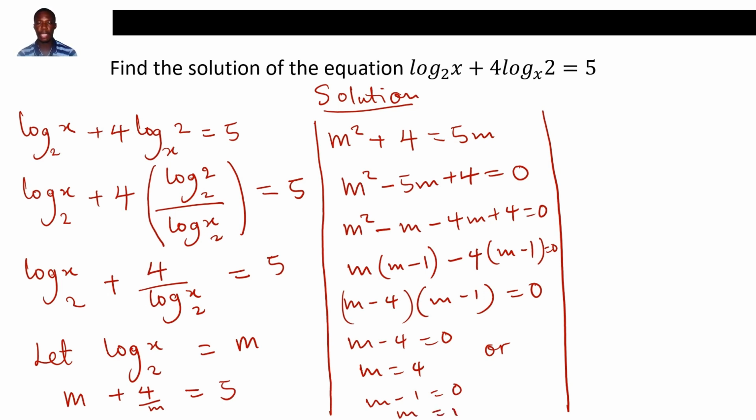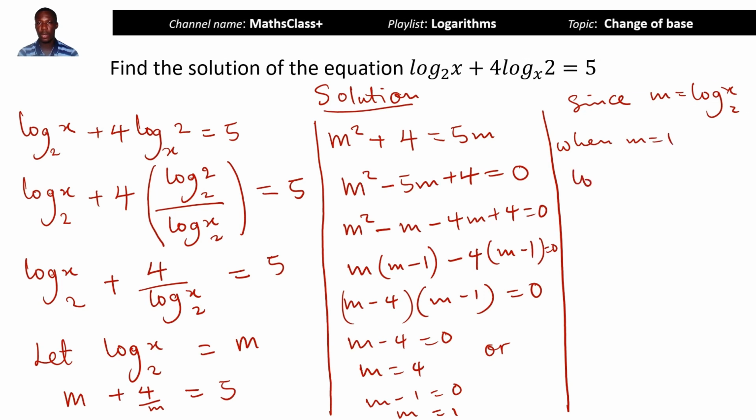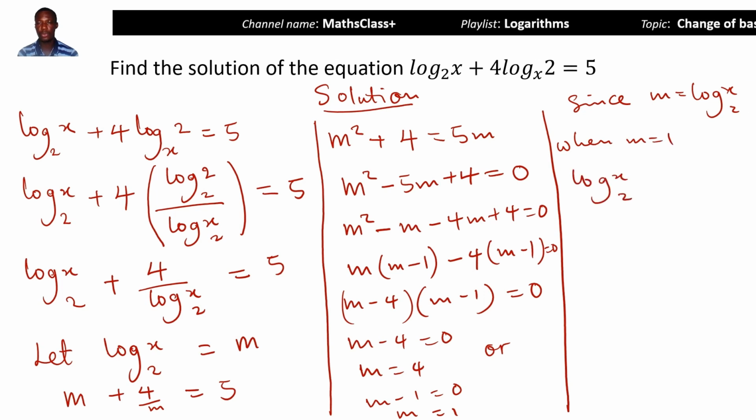But let's remember that we used m to represent log x to the base 2. Therefore, since m is equal to log x to the base 2, then when m is equal to 1, log x to the base 2 will be equal to 1. And I'll change this to indices, and that will give me x is equal to 2 to the power 1, which is 2, and so my x is 2.